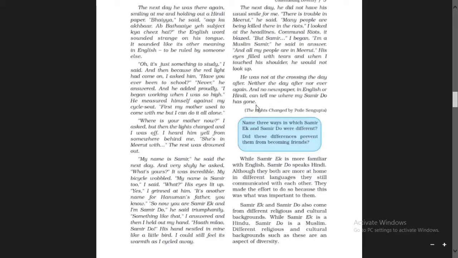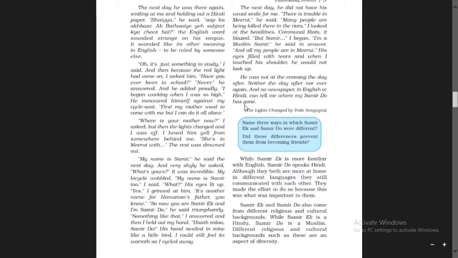After that day, he could not find him anymore there, neither the day after nor ever again, and no newspaper in English or Hindi can tell him where his Shamir Do has gone.